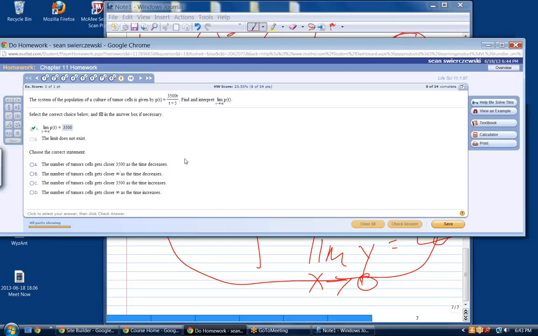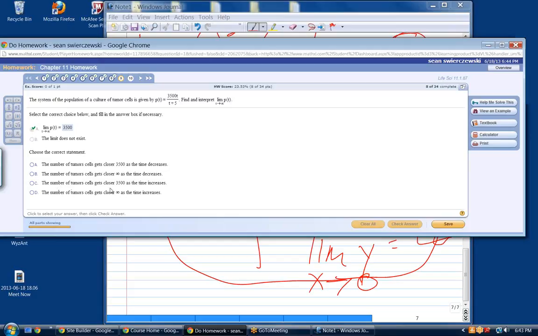Okay, which of these statements is correct? The number of tumor cells gets closer to 3,500 as the time increases. Well, that's kind of what this says. As the time increases, we're going to approach 3,500. So it'd be C. Well, what is it?